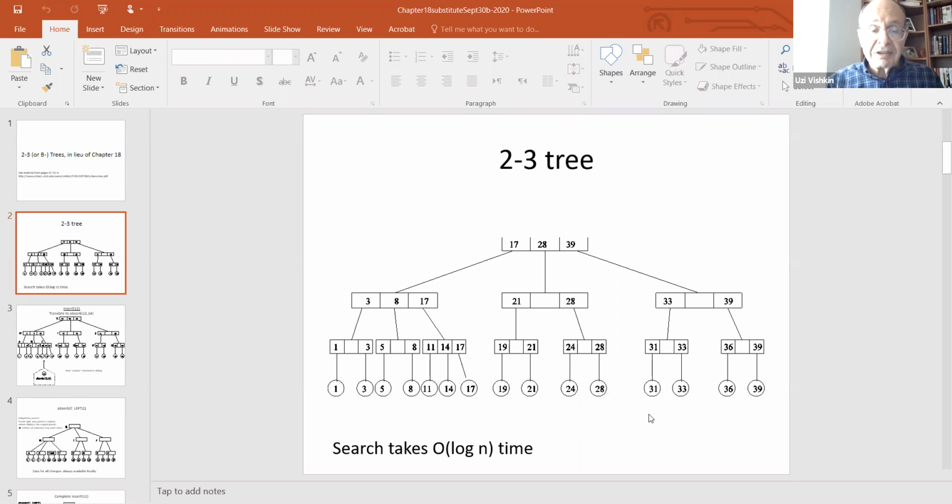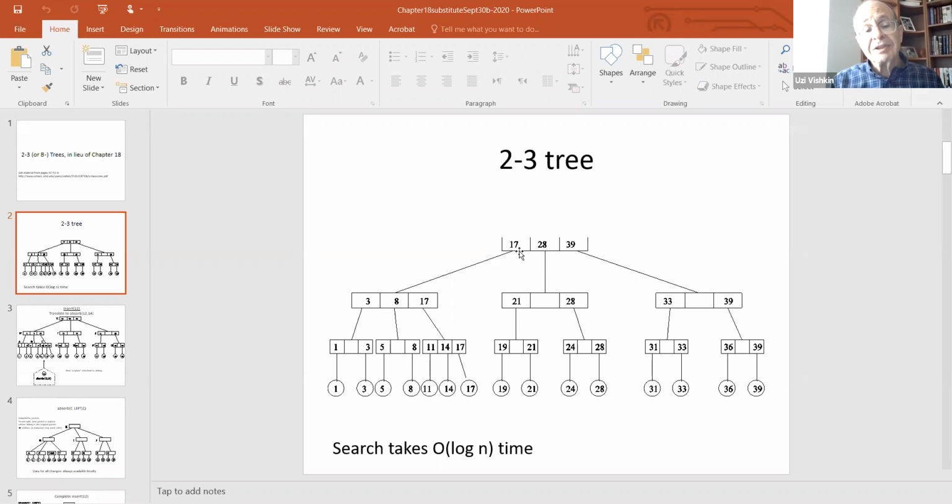But what is the definition of a 2-3 tree? It is the following. Every node has either 2 or 3 children. So you store in every node as many keys as the children that it has. So for example, the root has 3 children. So you store 3 numbers.